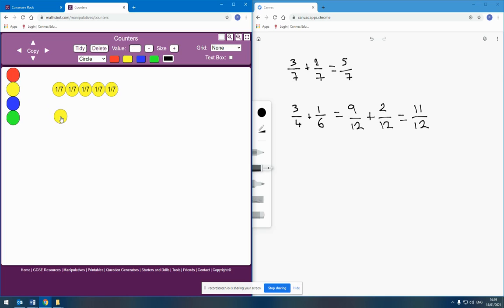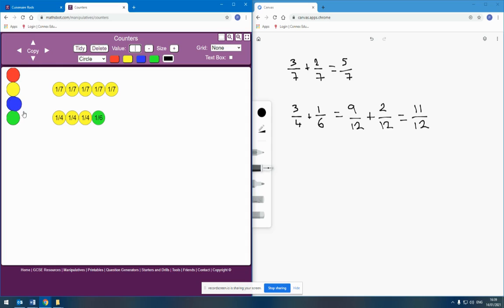But if I now take a counter that is worth 1/4, so that I have 3/4, and then I take a different counter that is 1/6, we can see that I can't really make sense of this sum in any way other than to say it's 3/4 and 1/6.